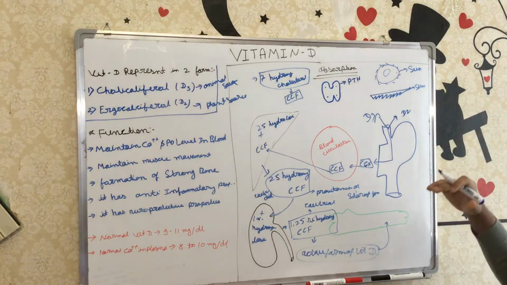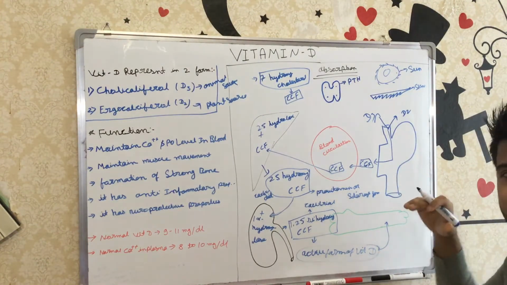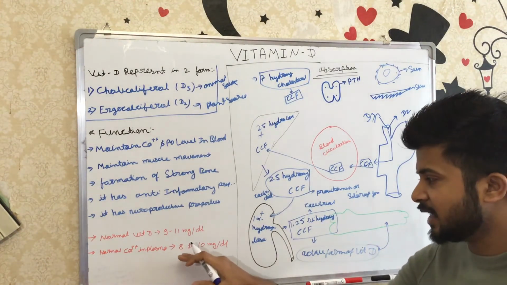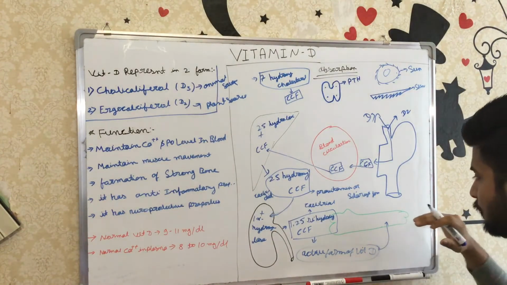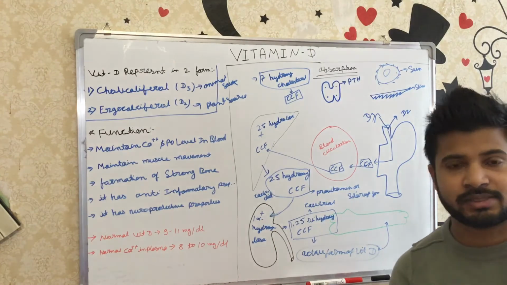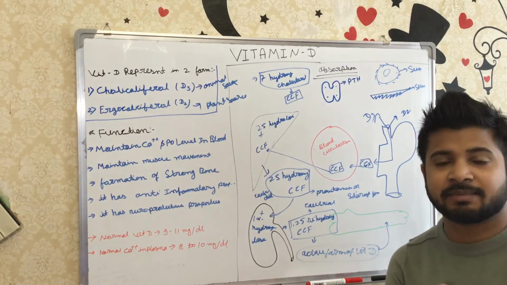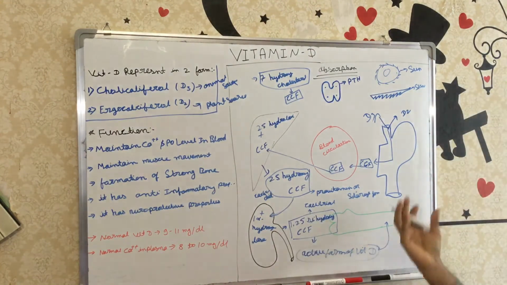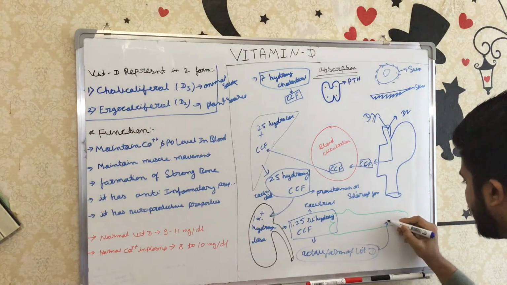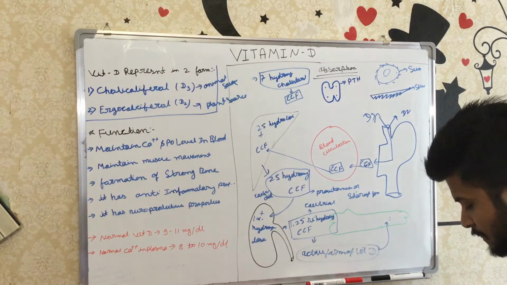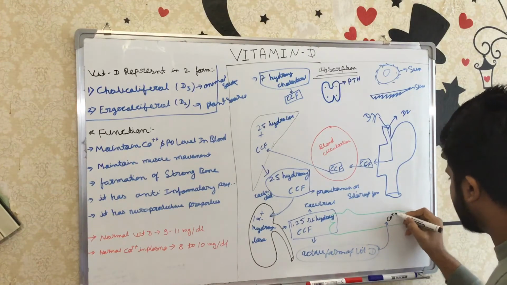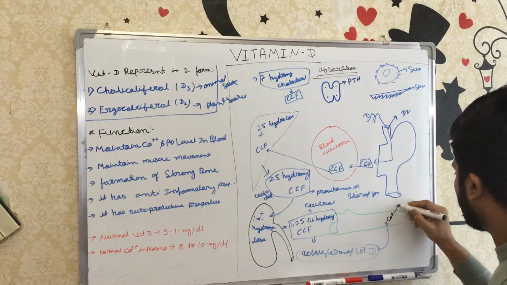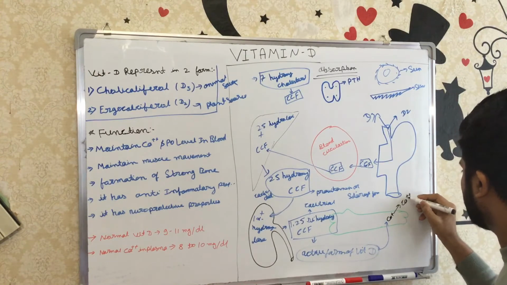Whenever the plasma level of calcium decreases, vitamin D will go to the bone and stimulate the osteoclast, and osteoclast will release calcium from the bone. Now the calcium will go out into the plasma.